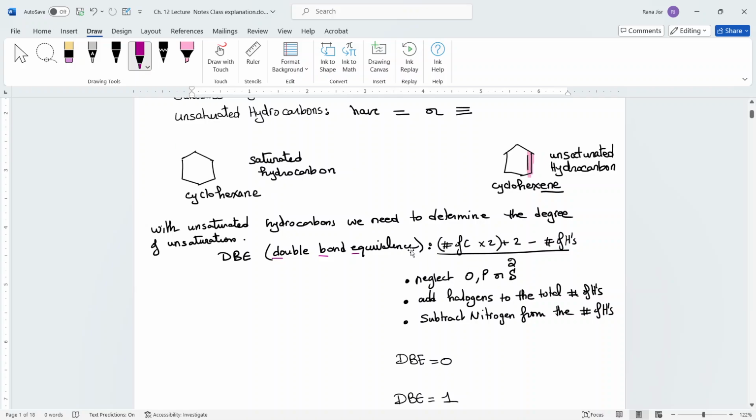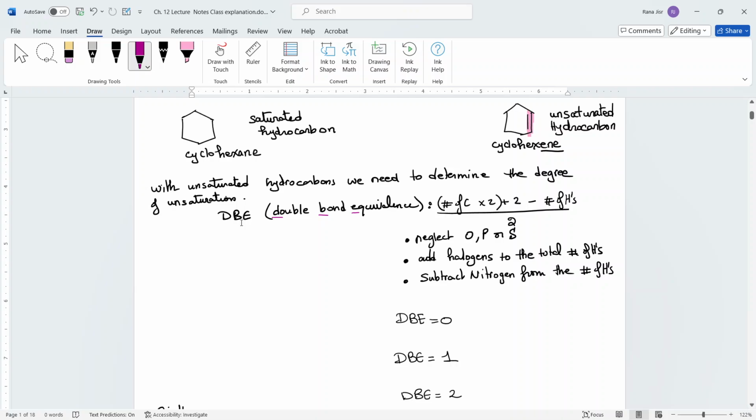The formula for the DBE depends on the molecular formula of the compound. And you don't have to memorize this. This is included in the cheat sheet that you are going to bring in the exam. So the DBE is the number of carbons times 2 plus 2 minus the number of hydrogens, divided by 2.